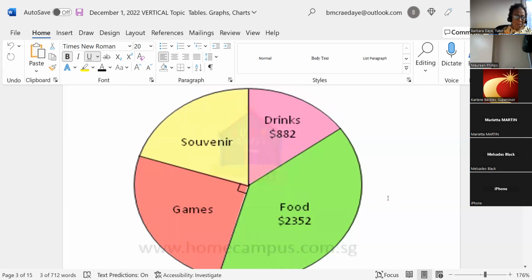You can see that food is the biggest piece. Game is a little smaller than it. Drinks is the lesser slice, but souvenir is a little more than drinks. But it's not a quarter.